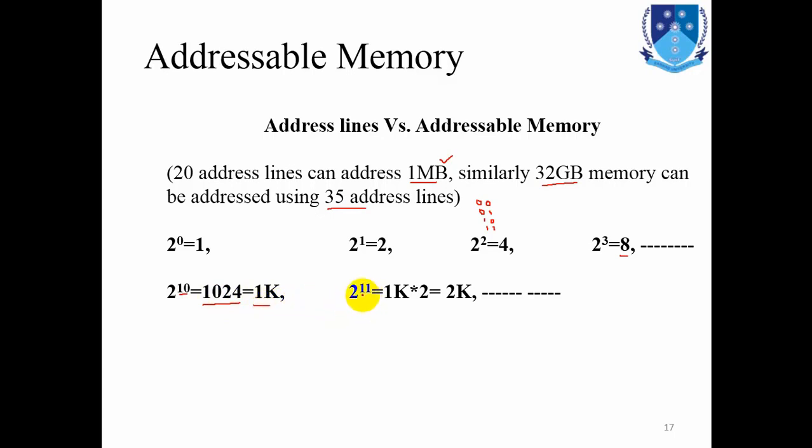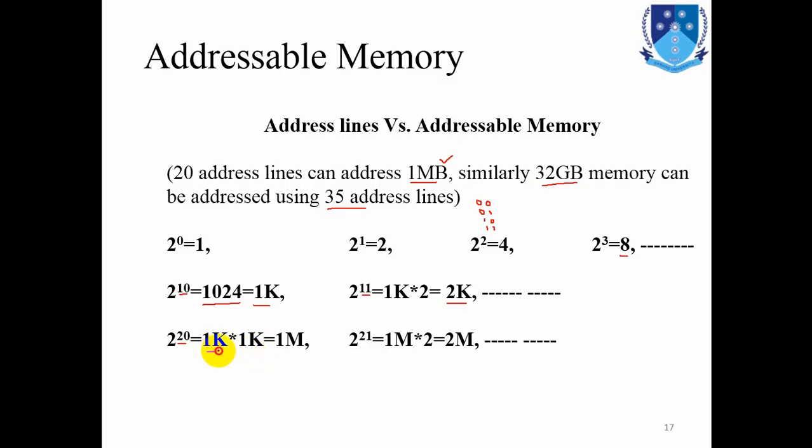If we increase another binary bit, the combinations will be doubled and we will have 2 kilo addressable locations. By increasing the number of bits, when we reach 20 bits, we will have 1024 multiplied by 1024 unique addresses, or unique combinations of the binary numbers.